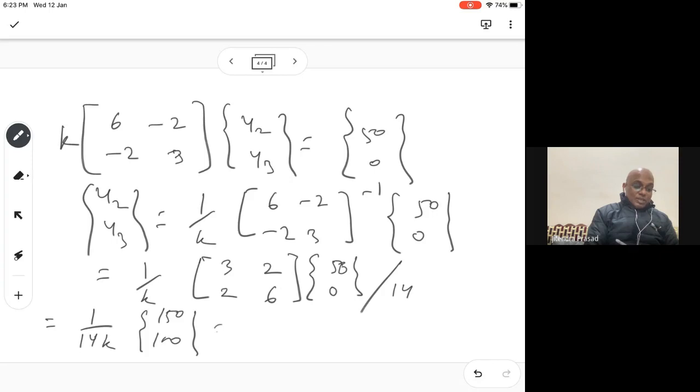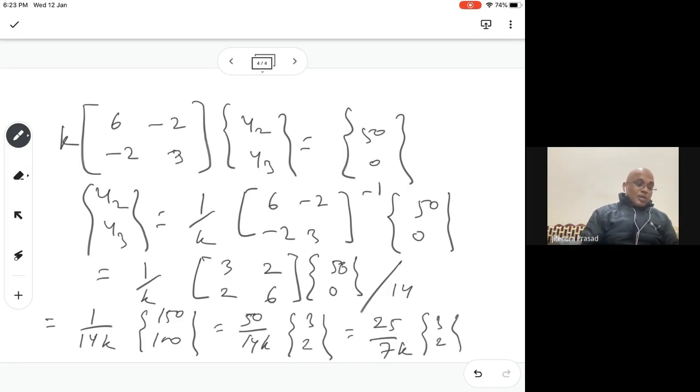Basically you have 100 and 150, and 50 we can take out. So this will be 50 over 14k times 3 and 2, which is 25 over 7k times 3 2. So this is u2 and u3.